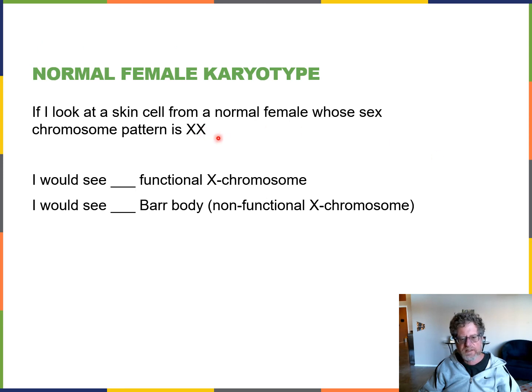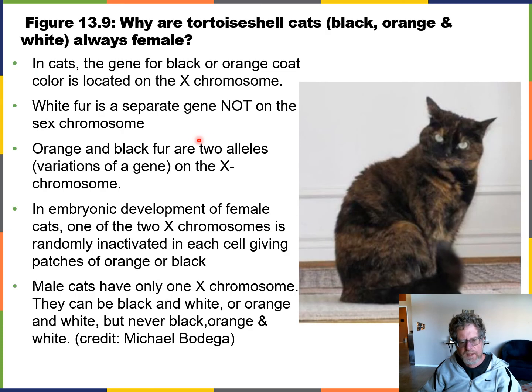So if I take a skin cell from a normal female, any cell except cells from the ovary, and her pattern is XX, then she would have 1 functional X chromosome and 1 Barr body, which represents the normal non-functional X chromosome.